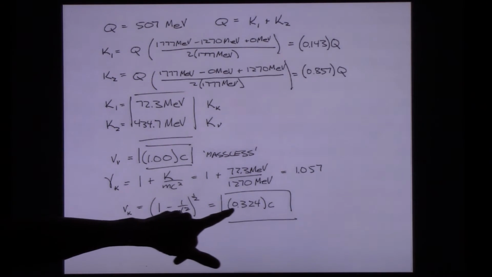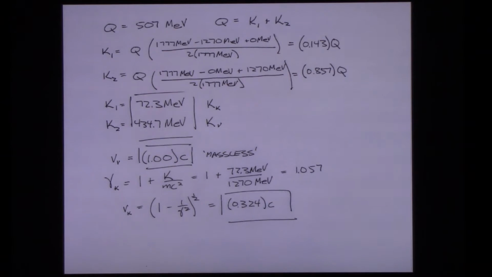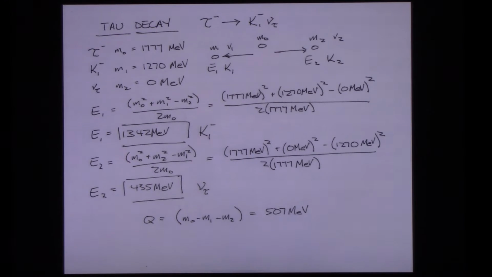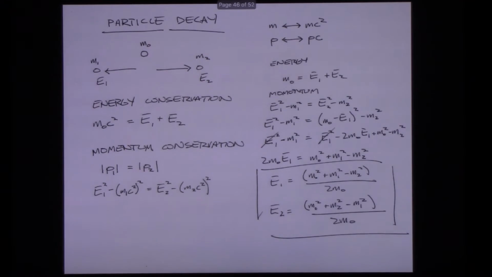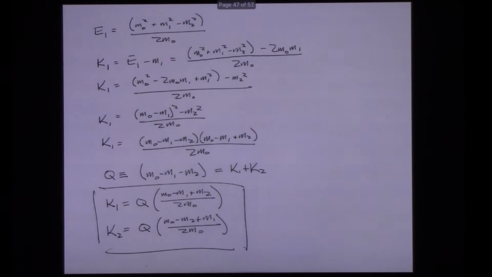But the velocity here then is 0.324 times the speed of light. So this is a handy formula. We'll use this from time to time. We'll see, not only in this chapter, but when we get into nuclear physics and particle physics, we'll see this formula used several times.